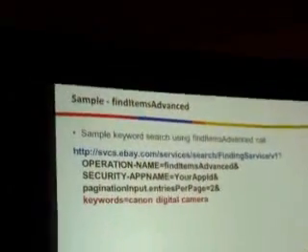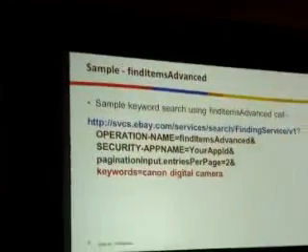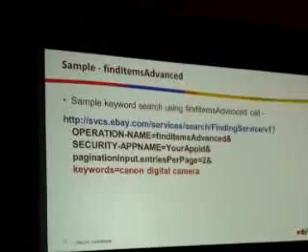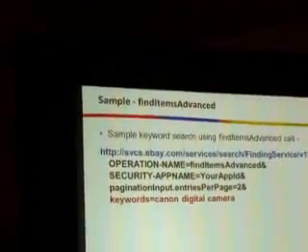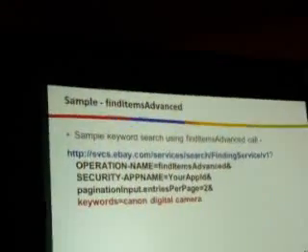Now what I'm going to do here is show you how to make a really quick and simple findItemsAdvanced call. findItemsAdvanced is one of the functions within the Finding API suite. It enables you to search items, again, by keyword, by category ID, and it also has search refinement. So this right here, what you see on the screen, is an API request. The API request is really simple.